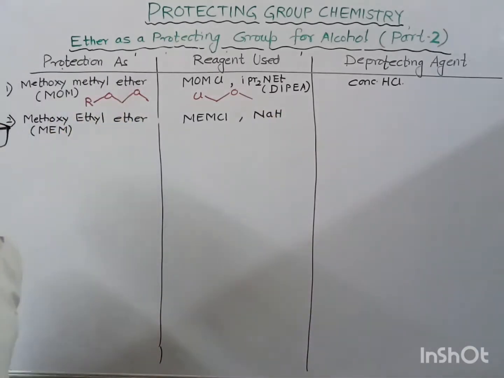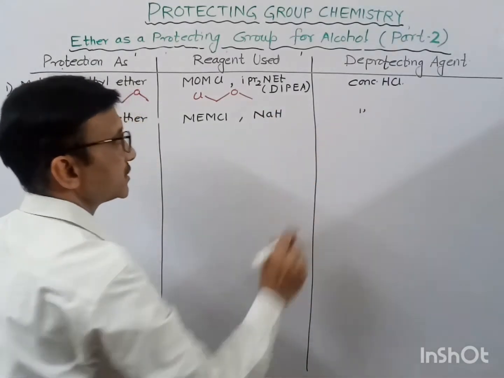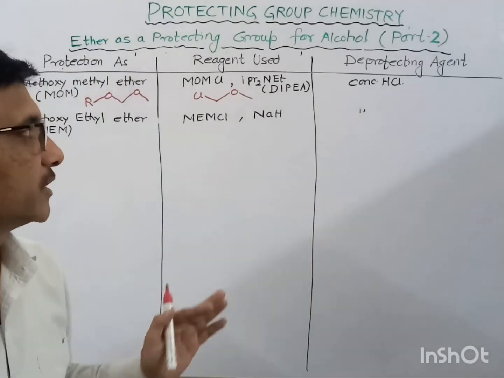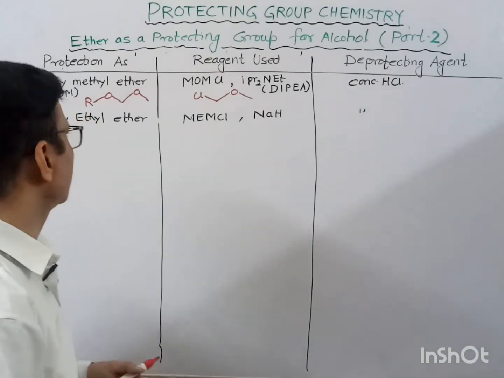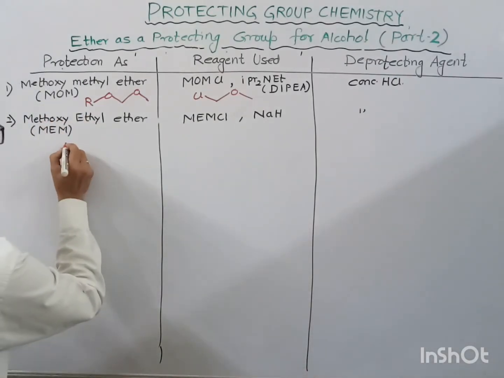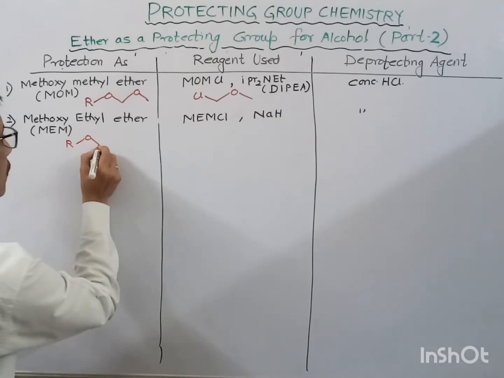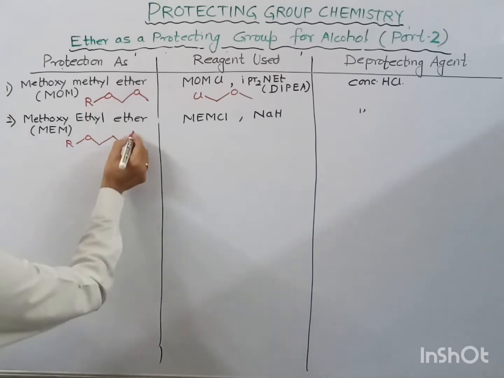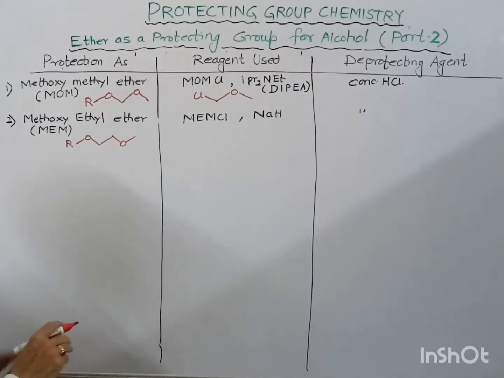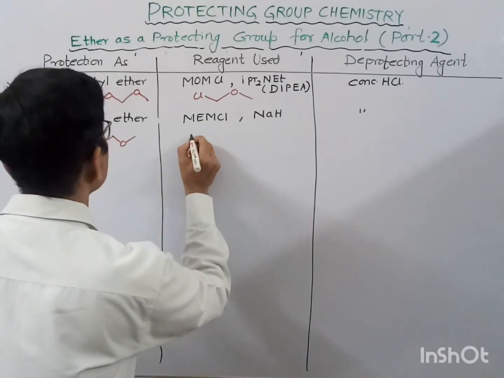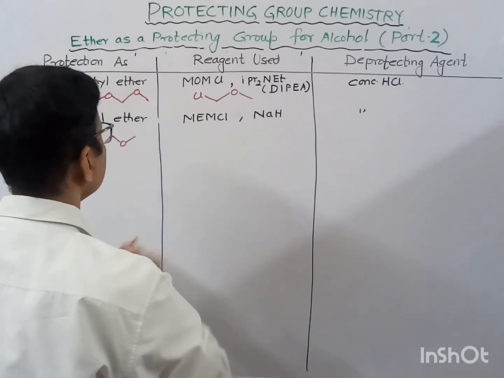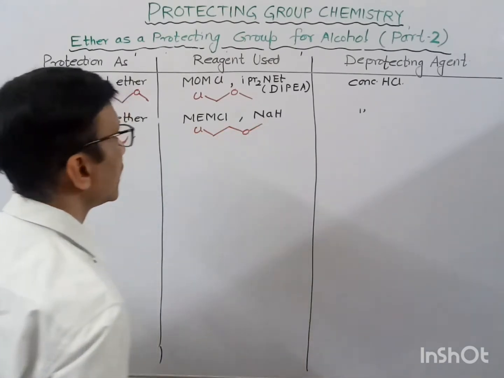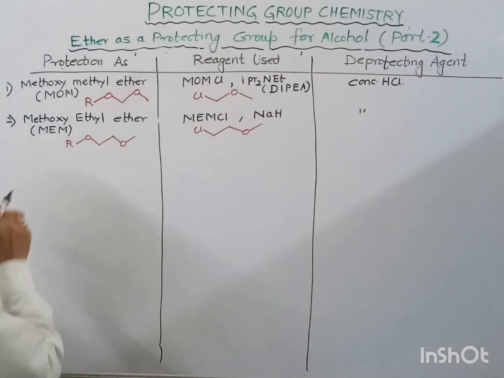For deprotection again concentrated HCl, as ethers are very stable, so we use concentrated HCl for the deprotection. So this is the methoxy ethoxy methyl ether, and for deprotection we write MEM chloride.